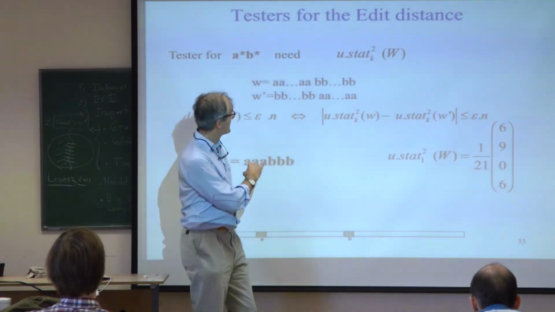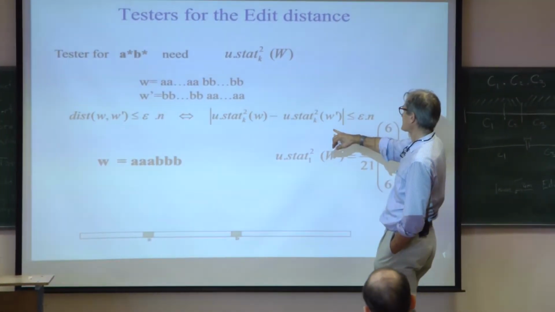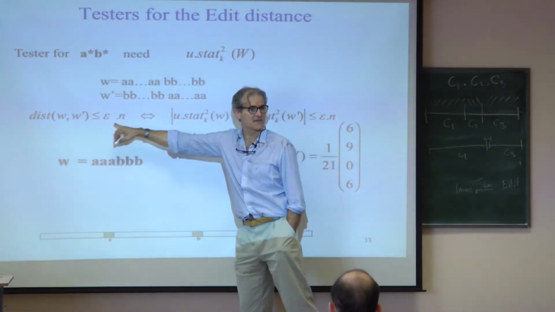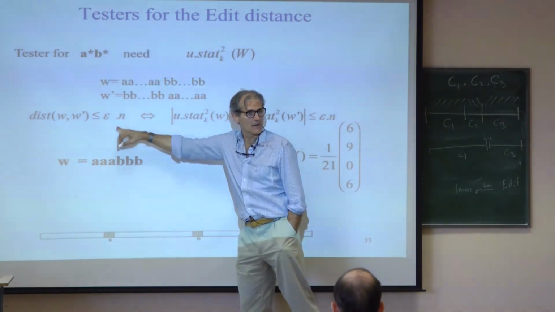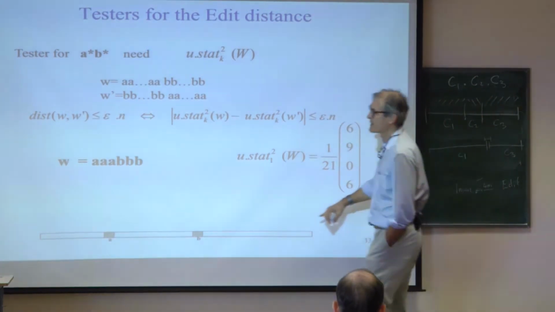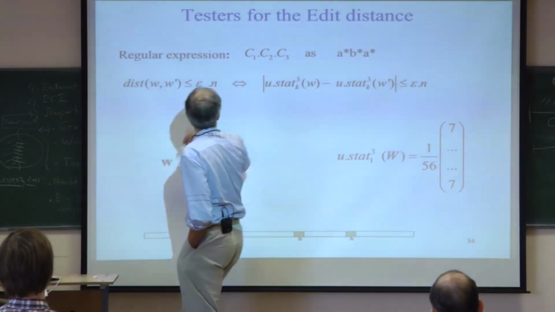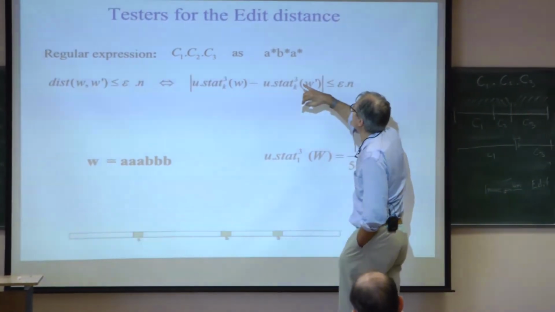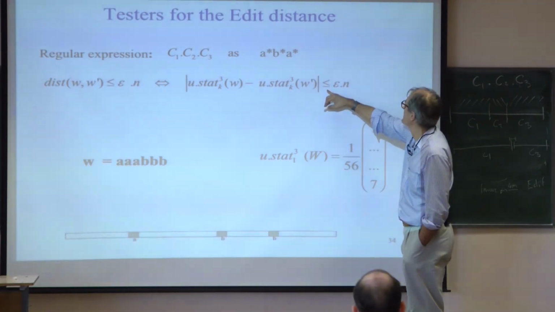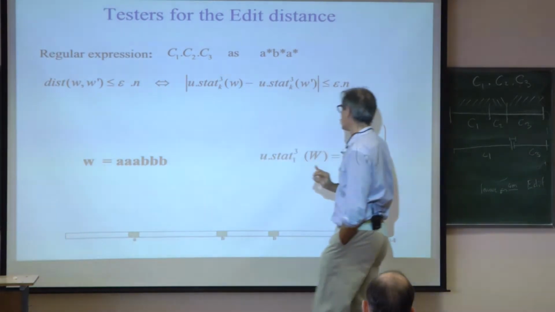Here it's another way of saying the same thing: the statistics of order 2 being small is equivalent to the edit distance being small. So if I have 3 components, then statistics of order 3 being small is equivalent to the edit distance being small.